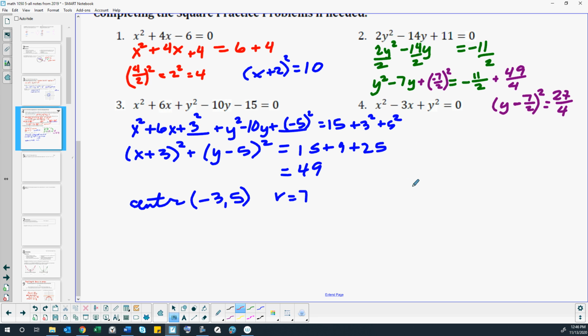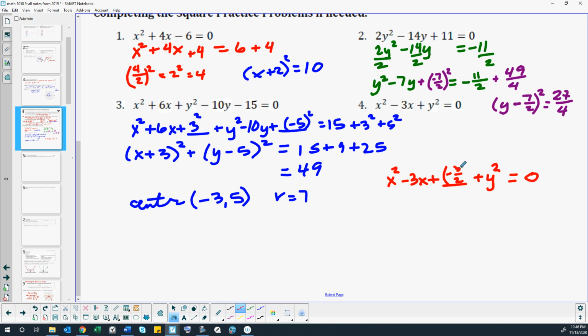Okay, let's look at this last problem here. We've got x squared minus 3x plus some number. And then we have y squared, but there's no second term with just our y value, so we're not going to need to complete the square on that. There's also no constant other than 0, so we're good to go on that one. So half of negative 3 is negative 3/2.